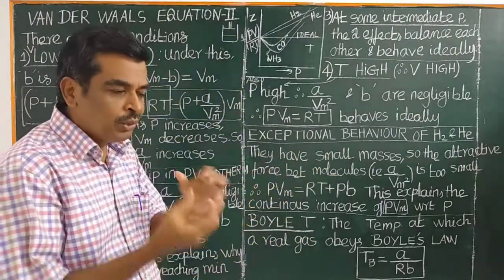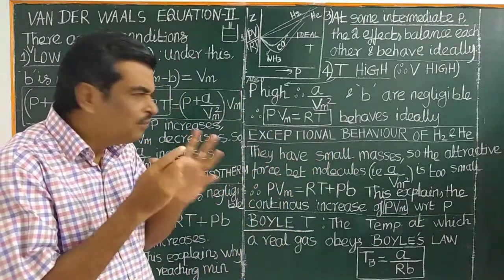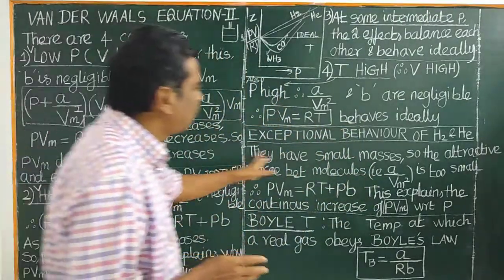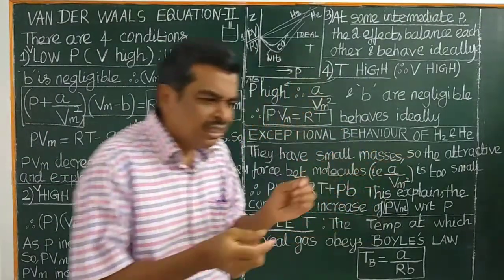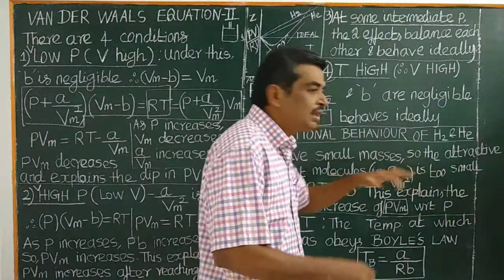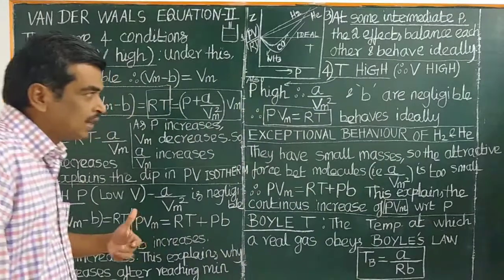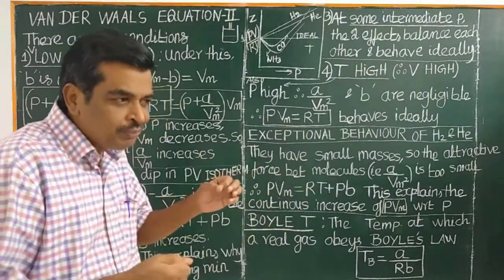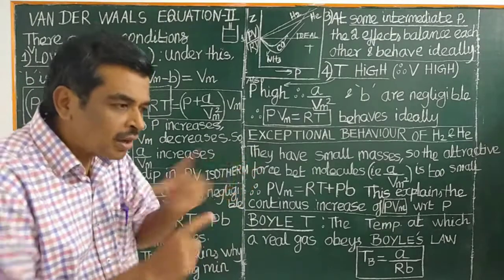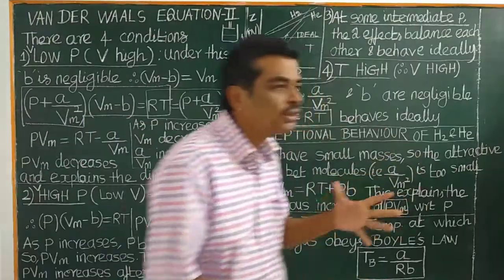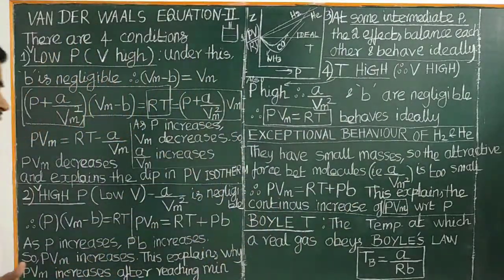Hydrogen and helium have very small molecular masses, atomic masses. Because they have very small atomic masses, they have greater velocities at a particular temperature. Therefore, because of high speed, the molecules are not attracted towards each other. Therefore, the attractive force is very small.